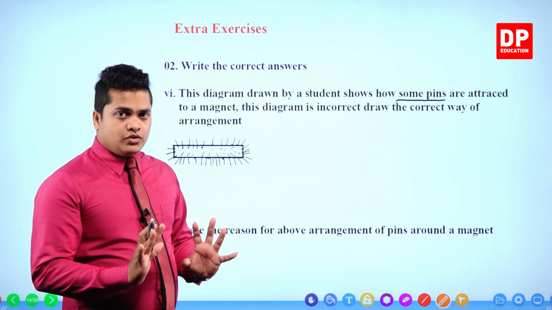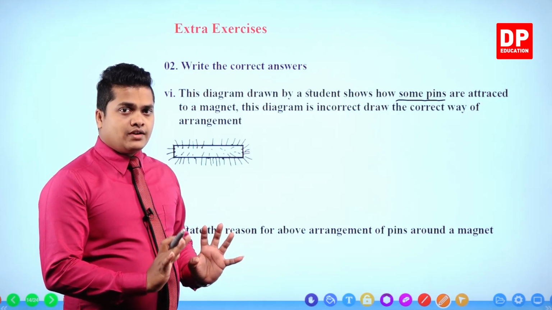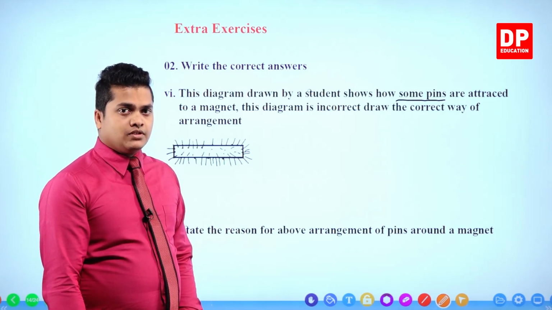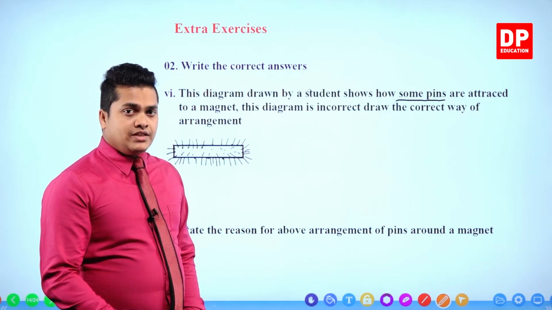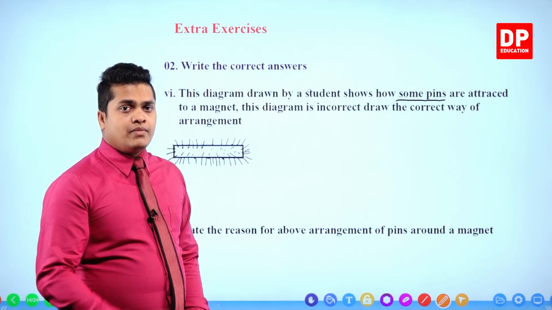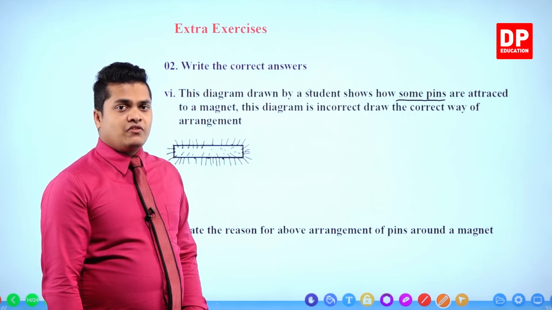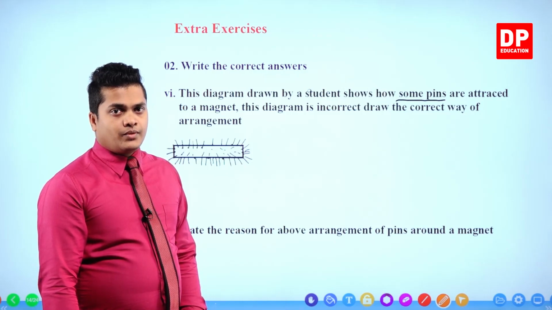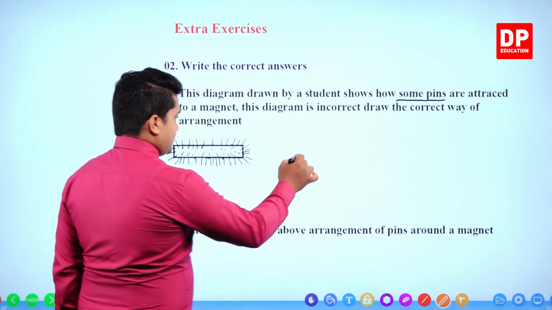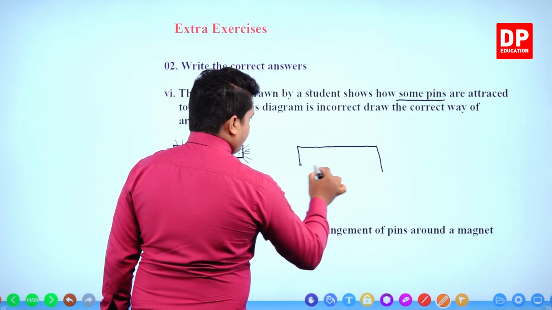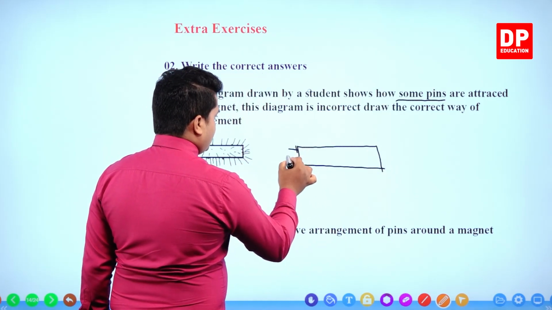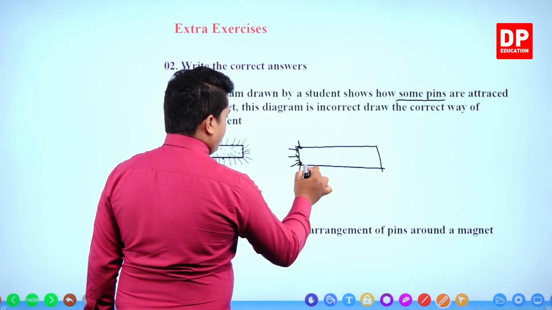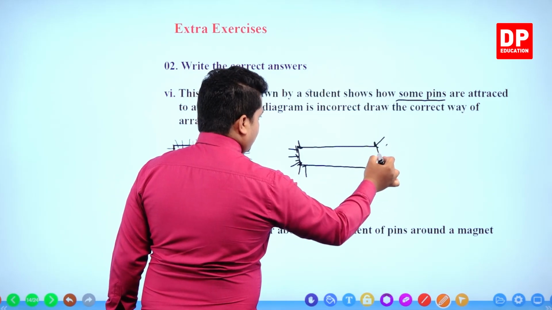But you know that the magnetic poles are the ones which have the highest magnetic power. So at those poles, there should be more pins, and fewer pins should be at the middle, right? So the correct way is like this. This is the magnet. Then more pins should be attracted like this to the poles, like this.